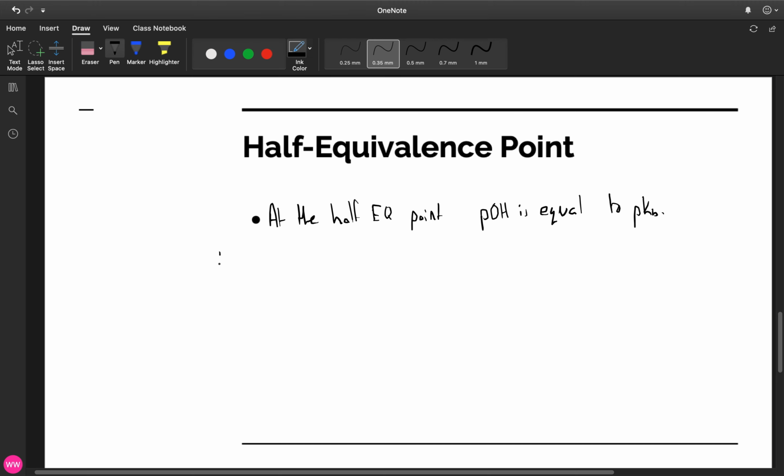Unfortunately, I want to remind everyone that when we look at these graphs, we plot not the pOH, but the pH. So the first and probably most important thing for you to recognize is where the pH is occurring, and also to calculate the pOH after you do this. So if we're looking at the pH versus the volume, here's our curve.